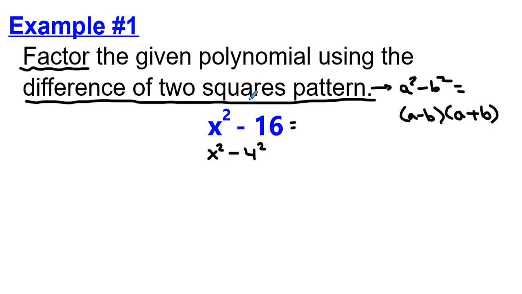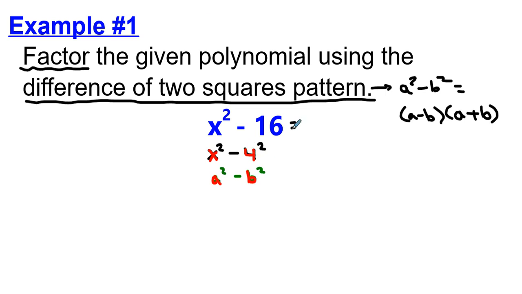All right, so now you can hopefully see that this is a squared minus b squared. In this case, a matches up with x, then I have my minus, and then 4 matches up with b.